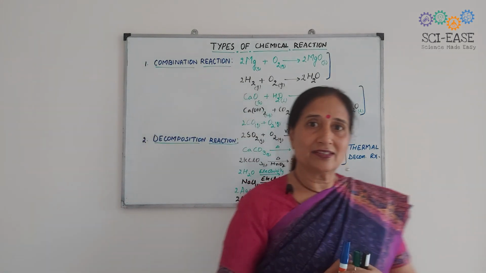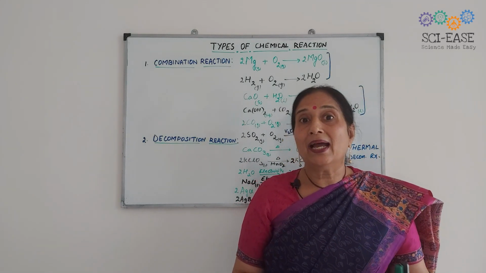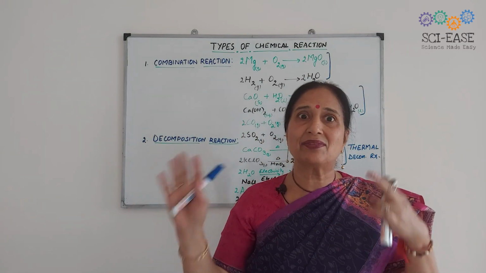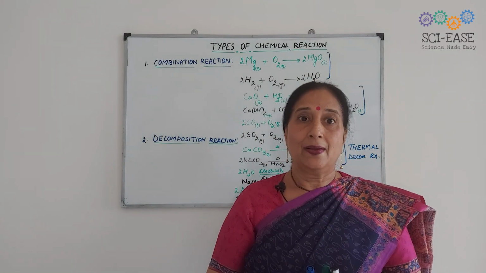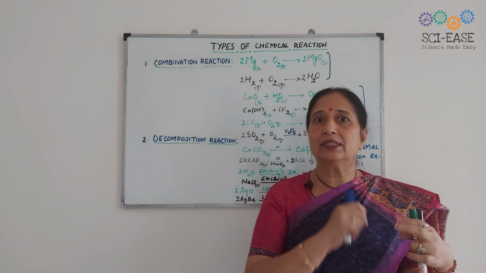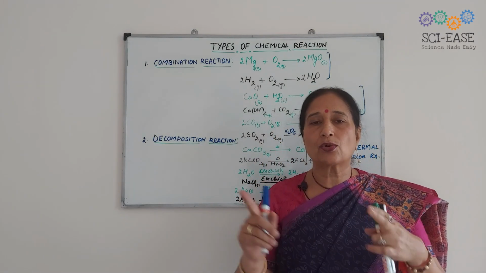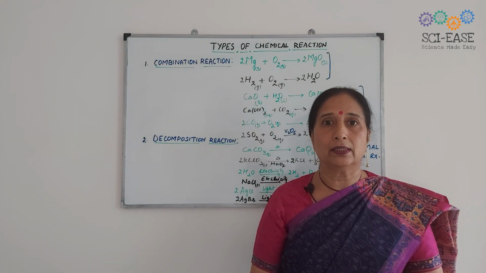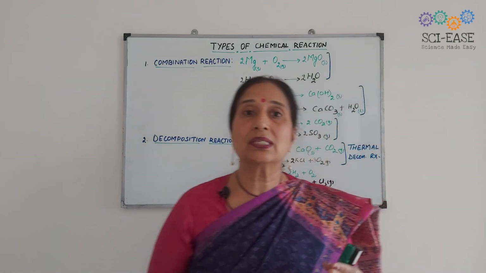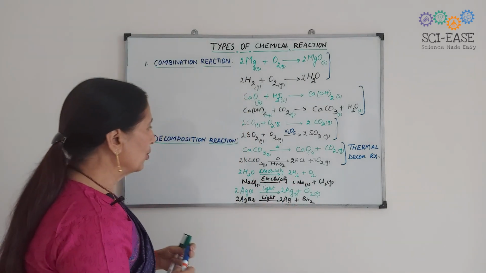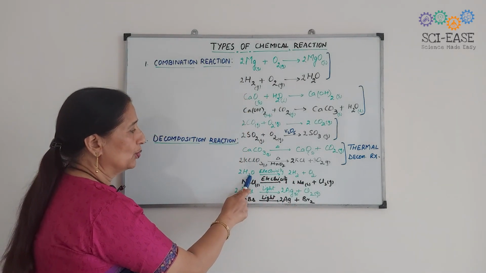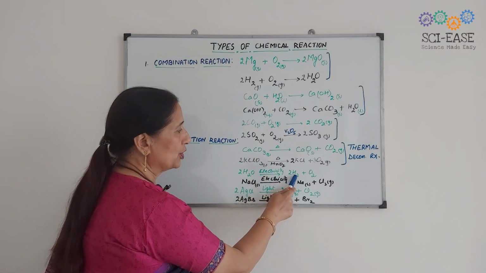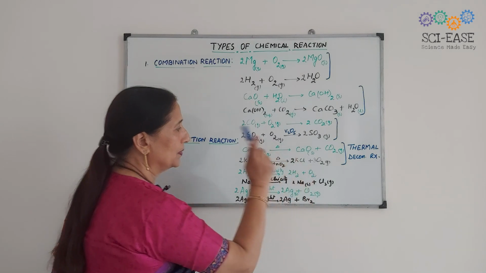In some reactions, we pass electricity through a substance. Like you have done in class 7th, the electrolysis of water. When we pass electricity through water, hydrogen and oxygen are formed. So here H2O, we are passing electricity, and it results in the formation of H2 plus O2.